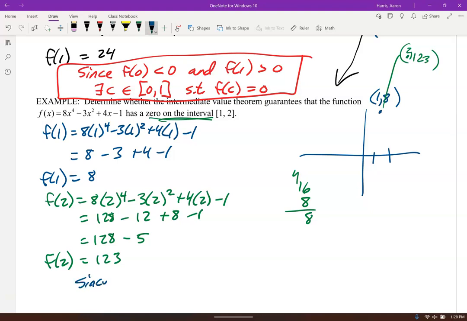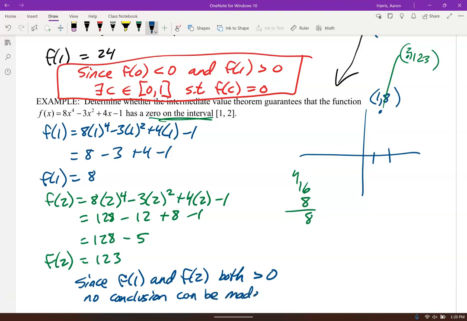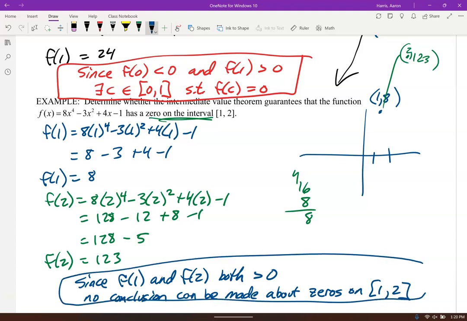So since f of 1 and f of 2 are both greater than 0, they're both positive, no conclusion can be made from the intermediate value theorem about zeros on that interval, at least on that interval. Doesn't really help us. That's it. That's the intermediate value theorem in a nutshell. Thanks for watching.